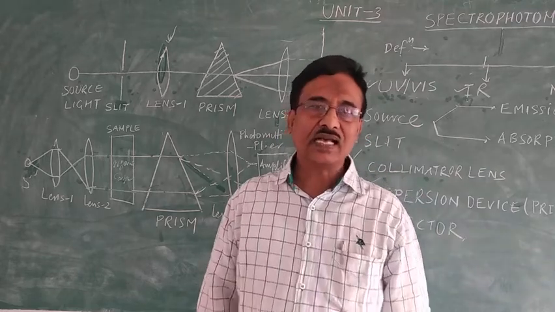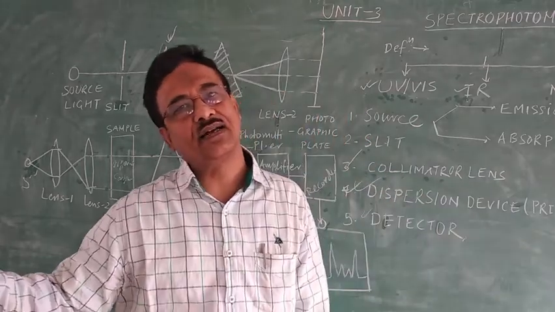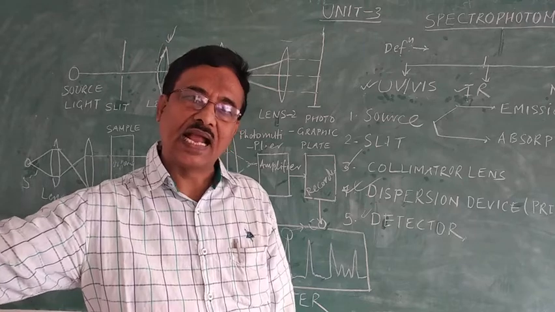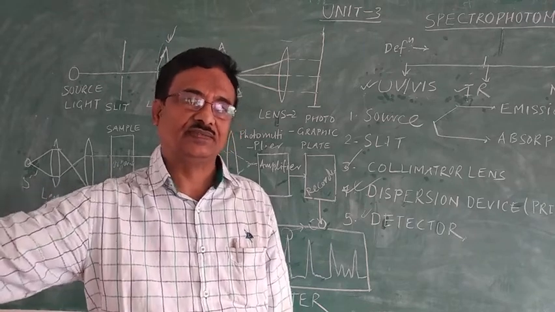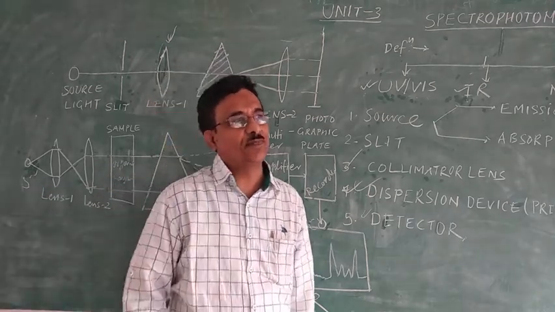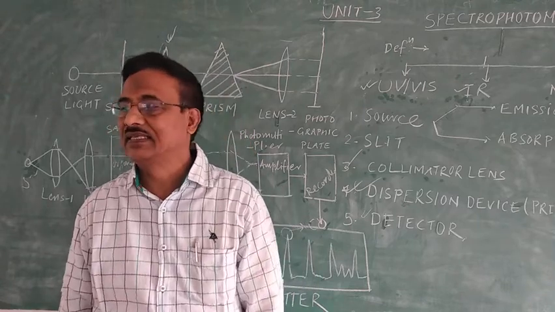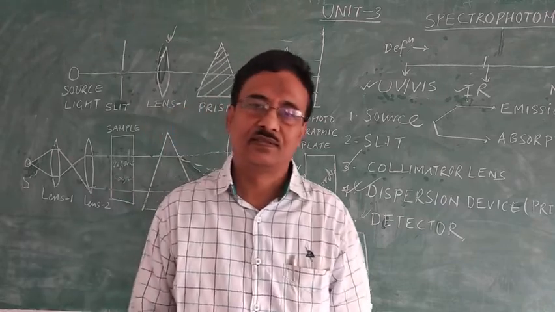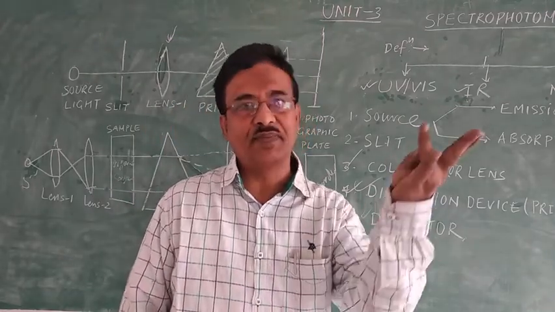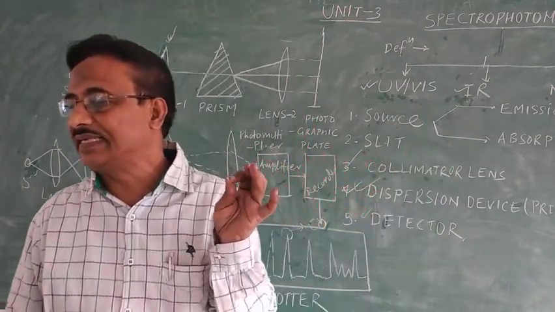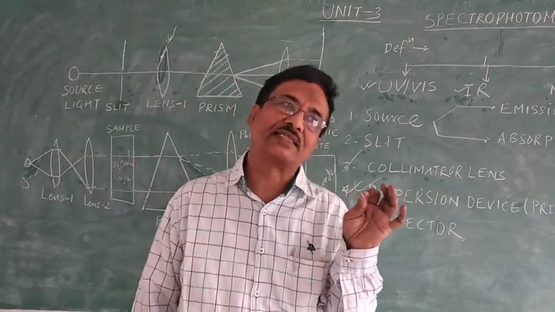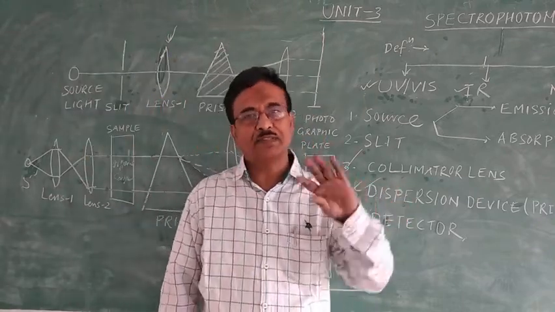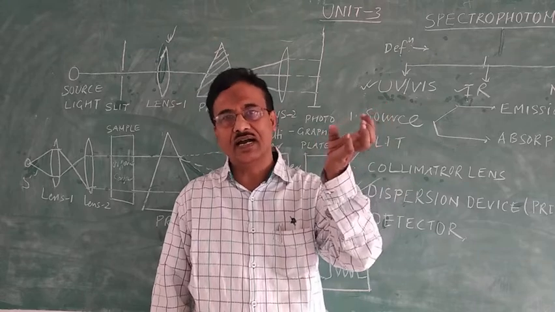So, the last topic: what are the applications of UV-visible and IR spectroscopy? The first application is identification of bonds, maybe single bond, double bond, or triple bond. Second is bacteria-containing substances. We can find out the types of bacteria present in any unknown substance.